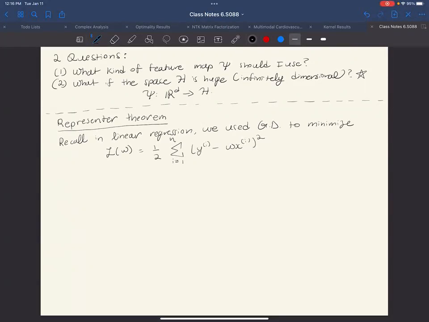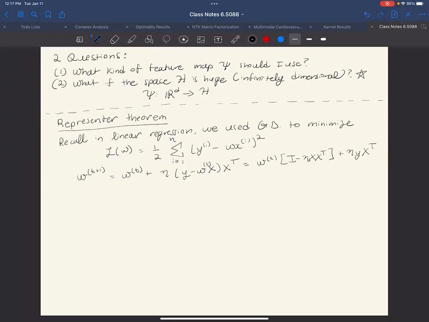And remember the gradient descent updates, they looked something like this: w_{t+1} = w_t + eta (y - w x) x transpose. And then we rearranged this equation as follows.